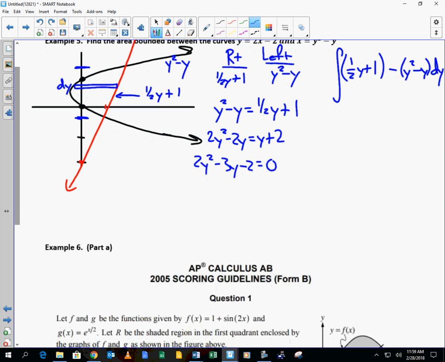Does that factor? What are my solutions?